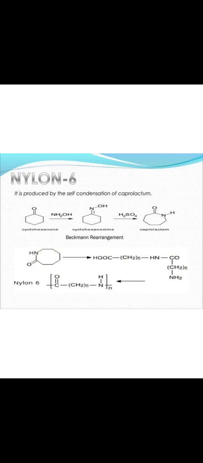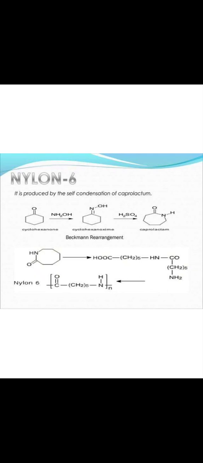On Beckmann rearrangement with sulfuric acid, there is a ring opening reaction, and the 6-membered ring is converted into a 7-membered ring system having 6 carbons and 1 hetero atom, that is nitrogen, giving a C double bond O, NH group. This is called caprolactam.